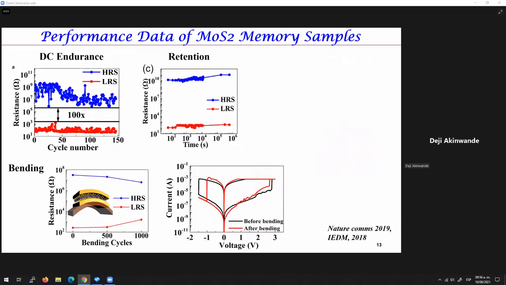We have conducted a variety of performance measurements on these samples. This is very important for device applications and may appeal to some of you interested in the engineering and device properties of these memory devices. So one important performance parameter is the so-called endurance. This is the number of times you can cycle this effect from off to on, off to on, and off to on.